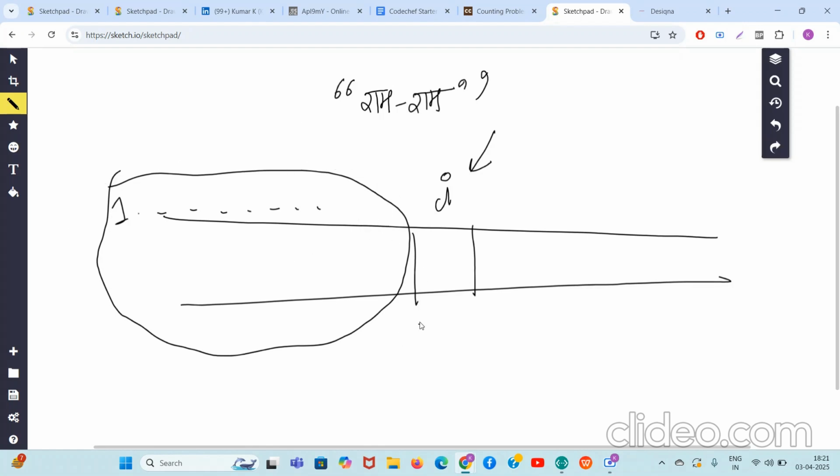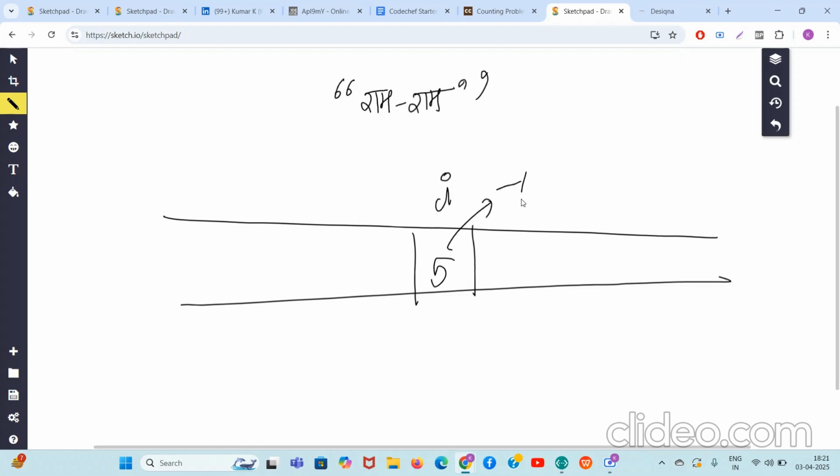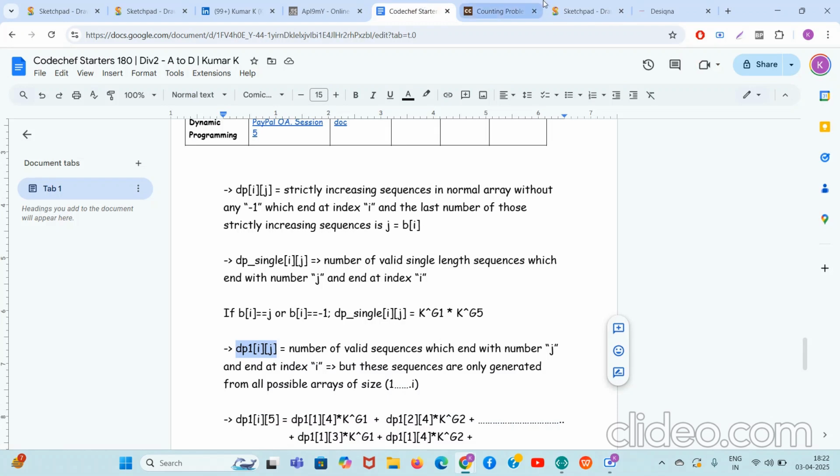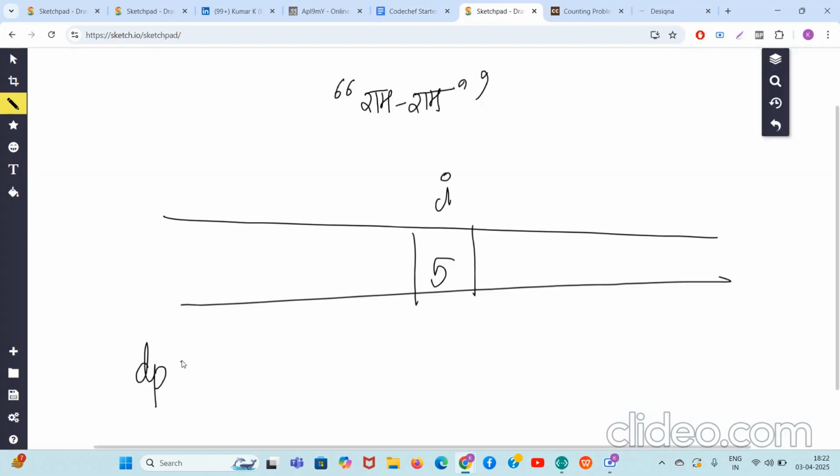Okay, so now let's say at index I I have a 5. And even if there was a minus 1, you should be able to handle it. You're a grown up now. This is only for advanced people who are watching this. So what would be dp1 I 5?